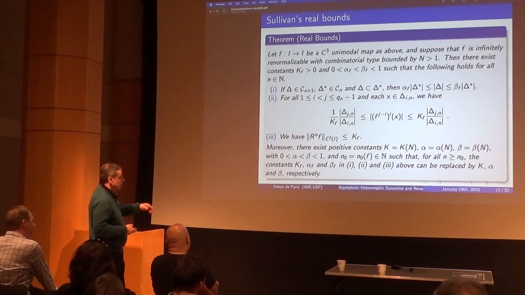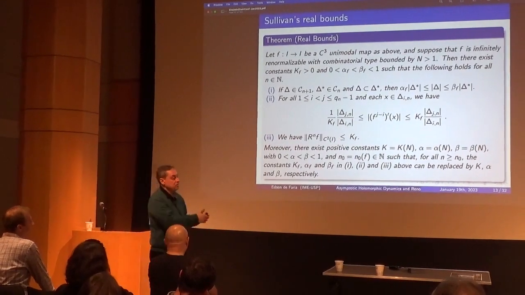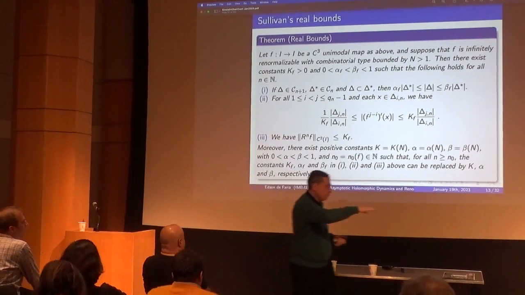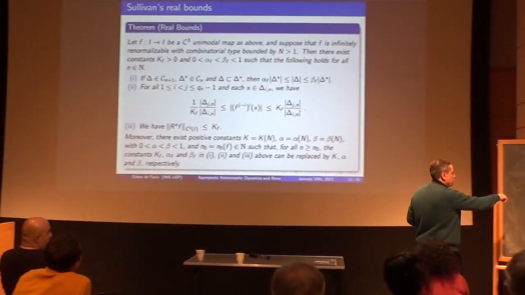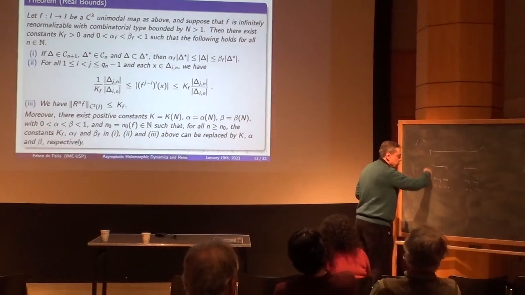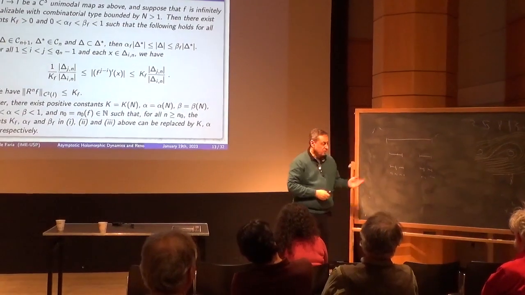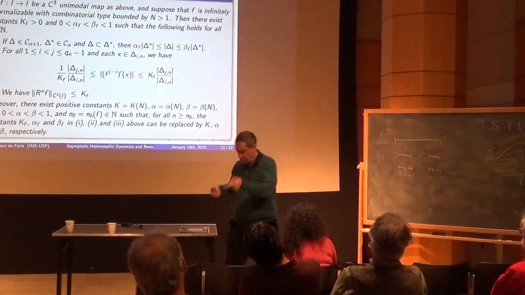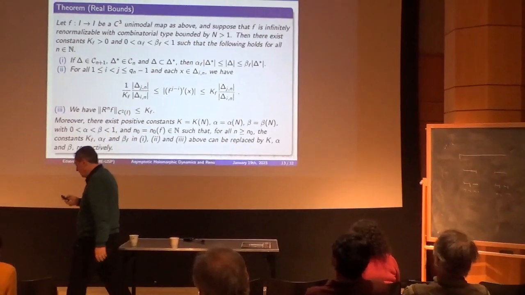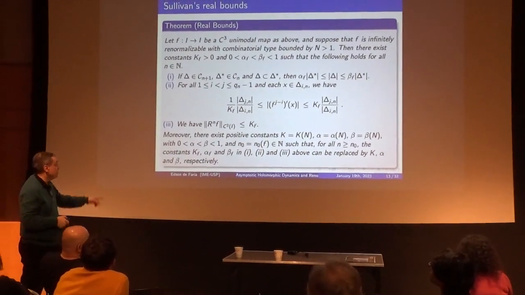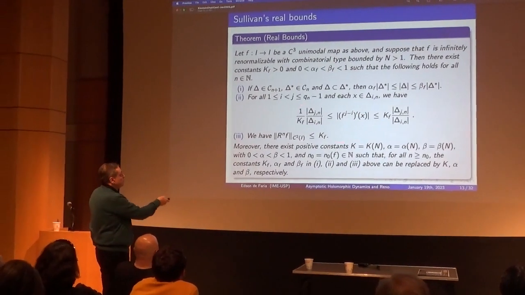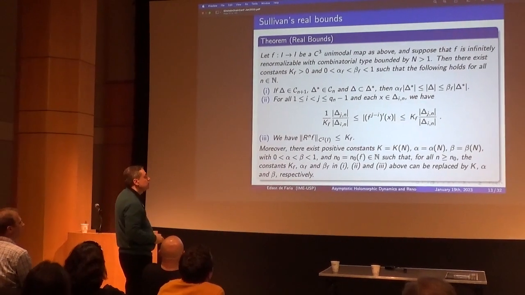You get that the connecting maps, you see, if you fix a generation here, there are these arrows going around, right? There are iterates of f taking some of these intervals to the others, I mean every interval to every other interval. So if you look at the connecting maps, they have this nice bounded distortion estimate here, okay?